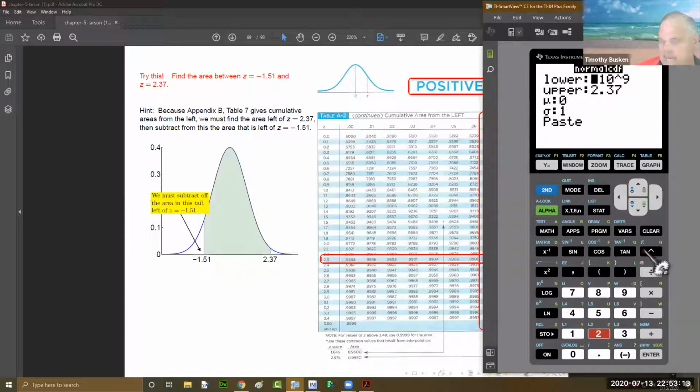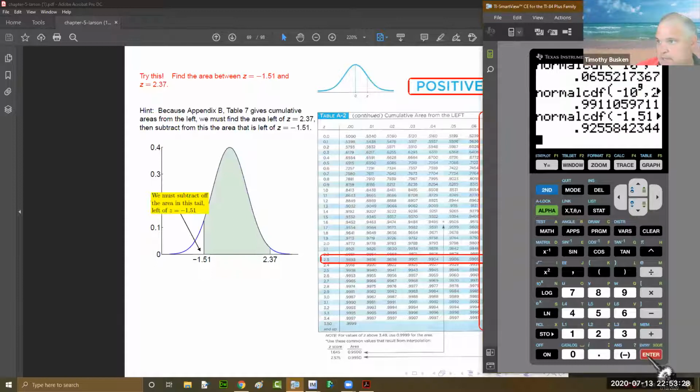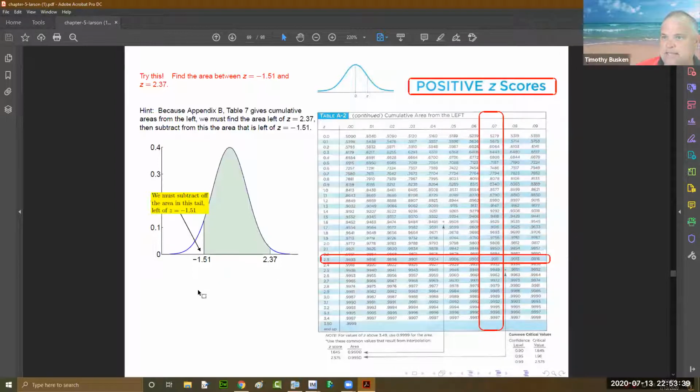In this case, your lower number is going to be negative 1.51, and your upper will be 2.37. We're going to keep the values of mu and sigma at 0 and 1 respectively. And then bam, we get the answer. It's about 92.55%.